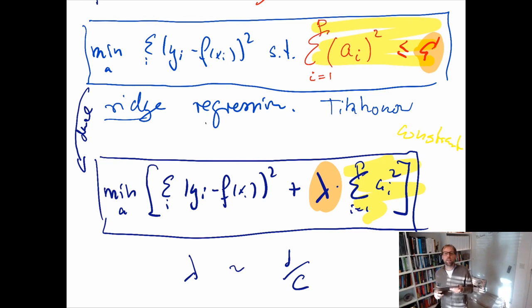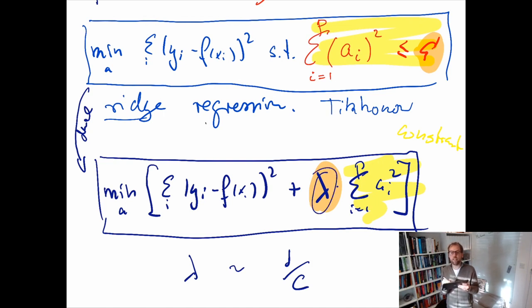Now the opposite case would be if I set c equal to 0. Then effectively all my a_i would have to be 0, because that's the only way I can fulfill the constraint. And this corresponds to the limit where lambda goes to infinity, because then the minimization problem is dominated by the second term below here.